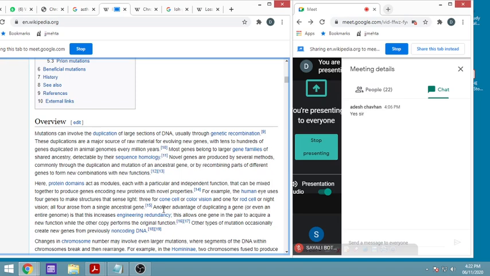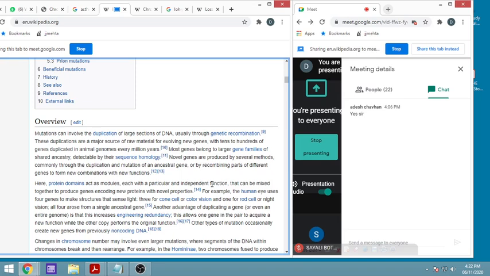They involve the duplication of a large section of DNA through genetic recombination. Now this technology is used, and we call it genetic recombinant technology. We shall see something about this recombination and recombinant technology.